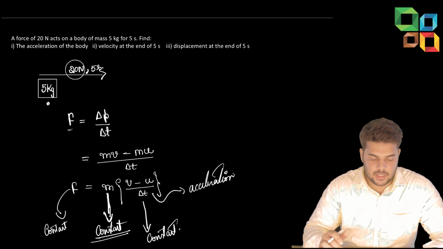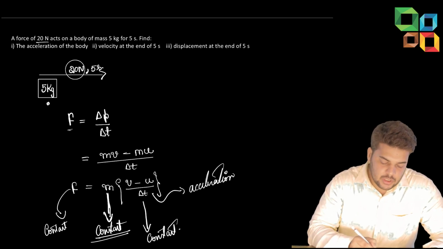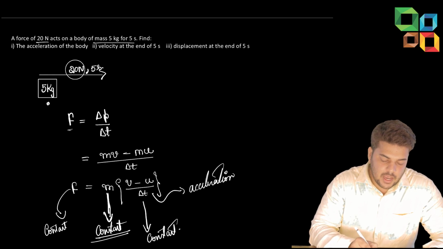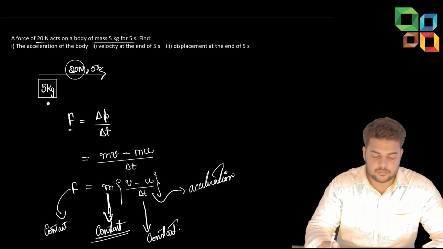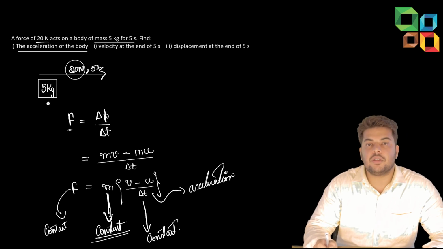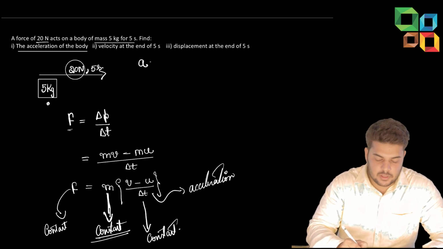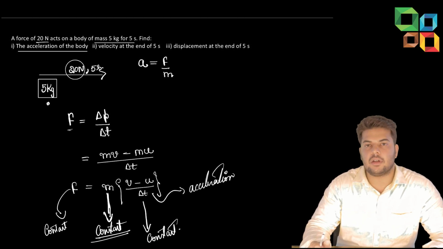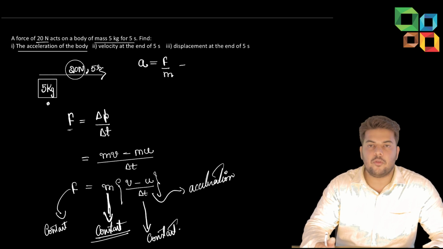So let's see. 20 Newton of force acts on a body of 5 kg for 5 seconds. What is the acceleration of the body? Now the acceleration of the body is constant because the force is constant. From Newton's new law that we have written down, acceleration is equal to force by mass.